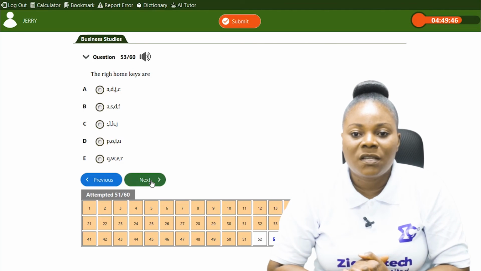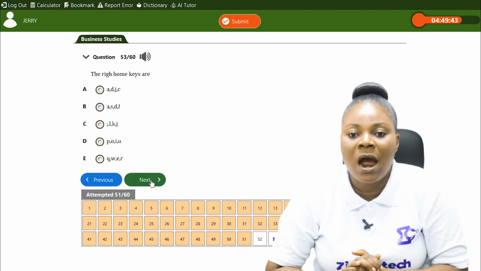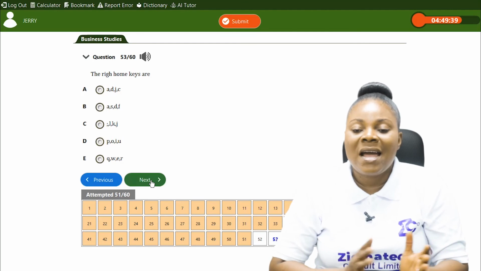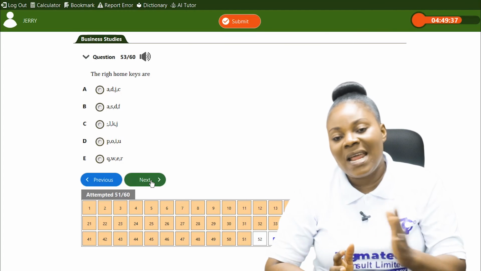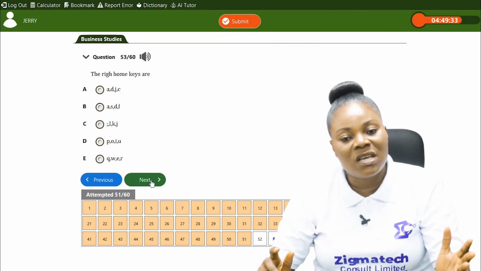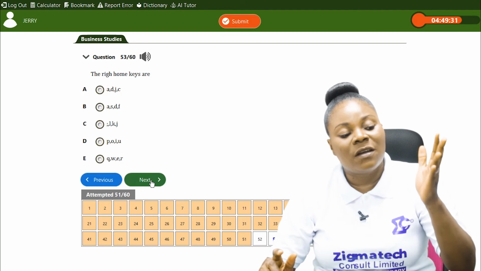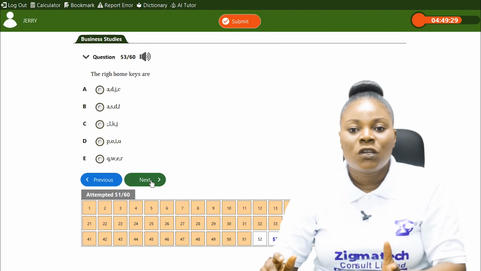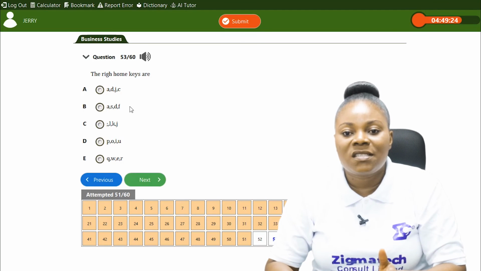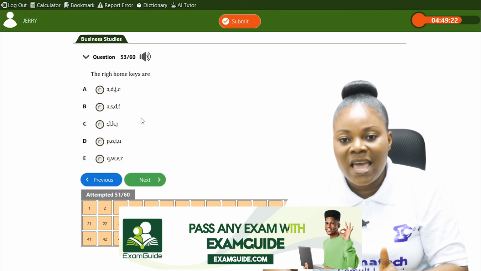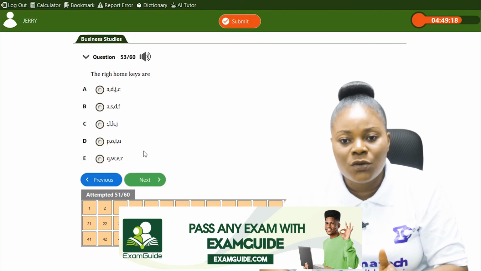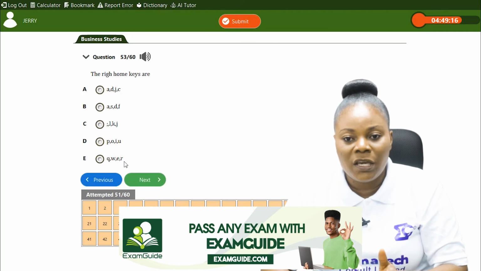Question 53, it says the right home keys are... Remember I told you that we have two sides of the home keys. We have the left home keys and we have the right home keys. For the left home keys, we have column ASDF. So for the right home keys, what do we have? Is it ADJC, or ASDF, or column LKJ, or POIU, or QWER?